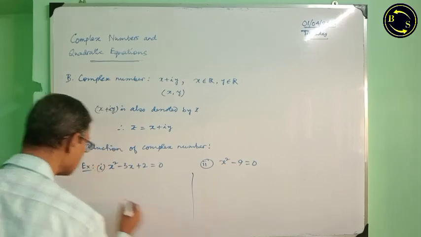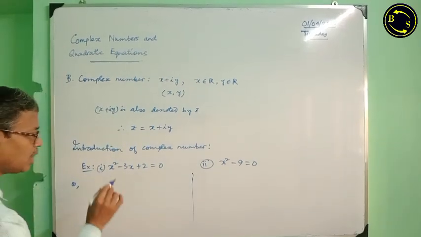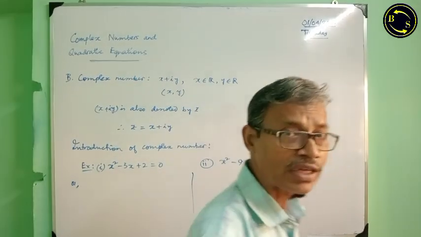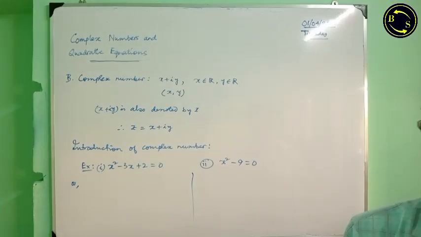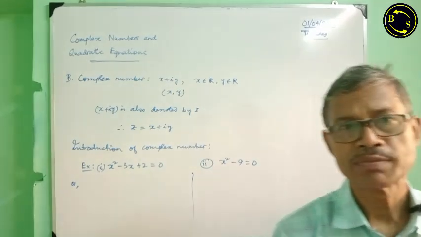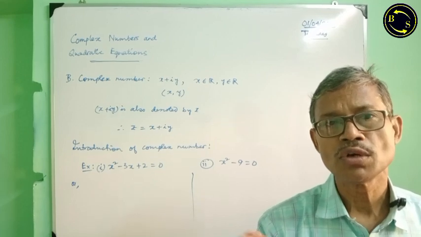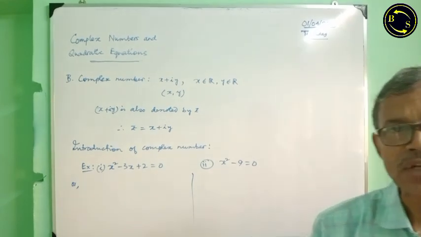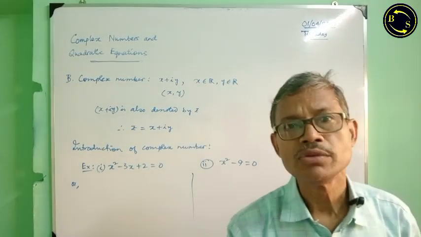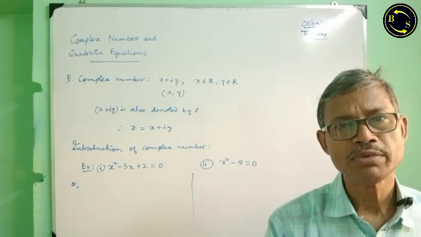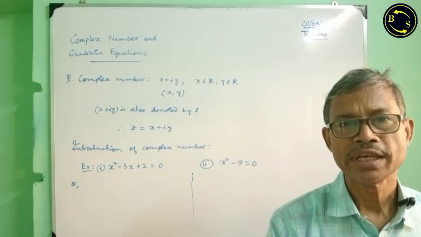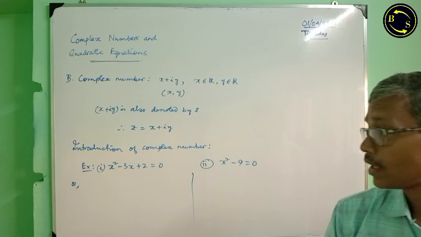For the first one, generally we resolve into factors the quadratic expression and express it in the form (ax + b)(cx + d) = 0. Then from that we conclude either factor will be 0. From that we get the values of x.